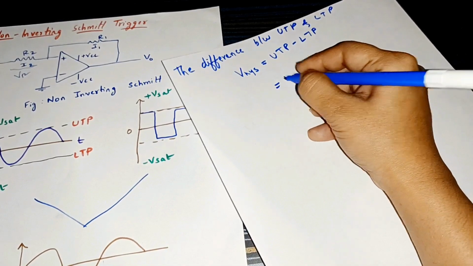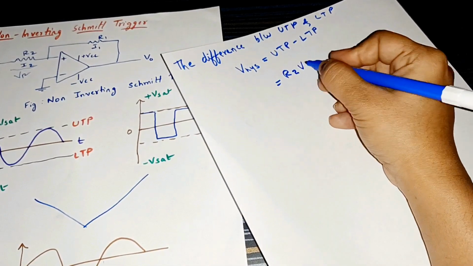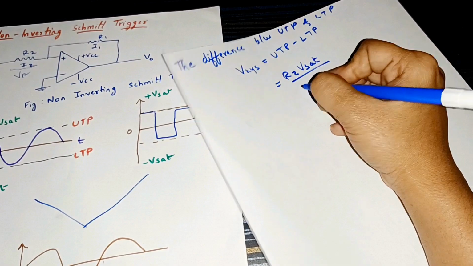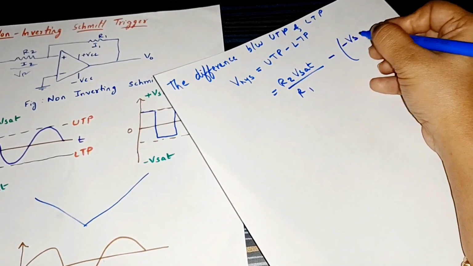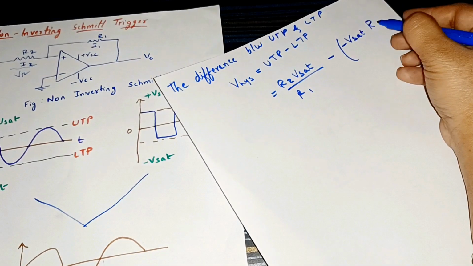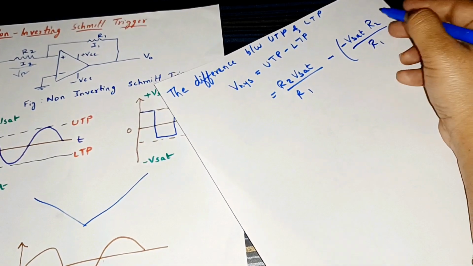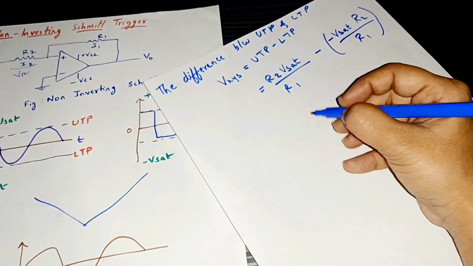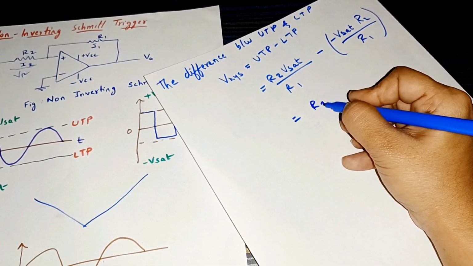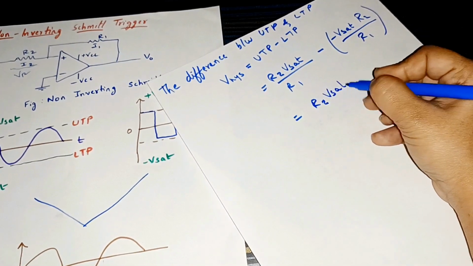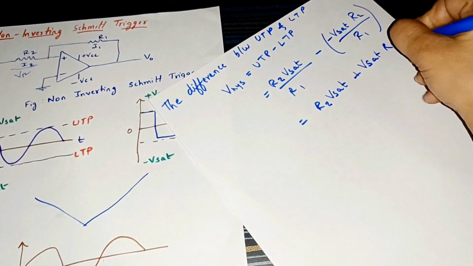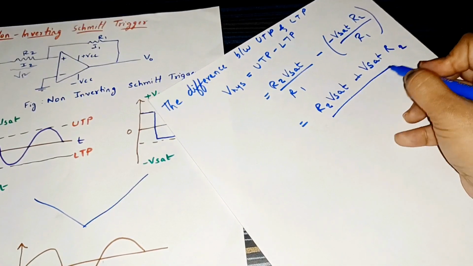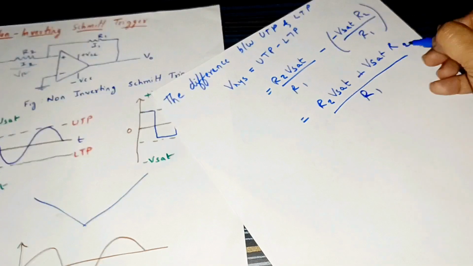This gives us R2 Vsat whole divided by R1, minus our LTP value, minus Vsat into R2 whole divided by R1. So we get R2 Vsat plus Vsat into R2 whole divided by R1.